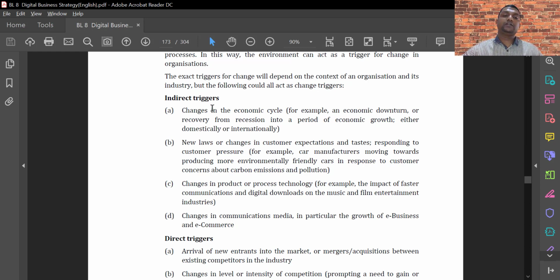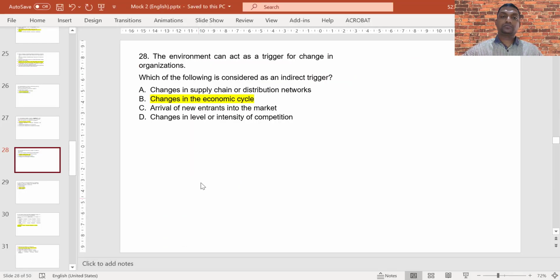So these are the indirect triggers. If you look at the question, answers given: changes in supply chain or distribution networks, changes in the economic cycle, arrival of new entrants into the market, changes in the level of intensity of the competition. If we consider the indirect triggers, the indirect trigger here is changes in the economic cycle.